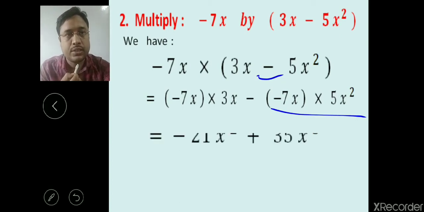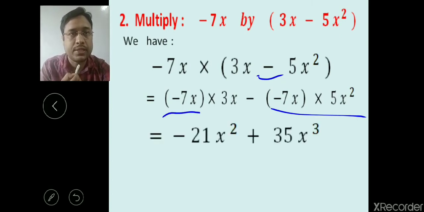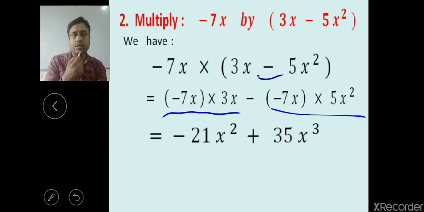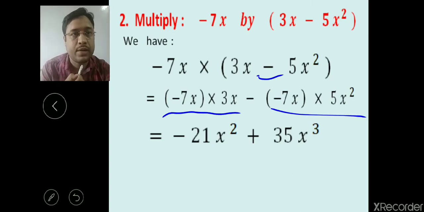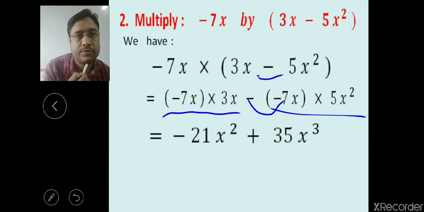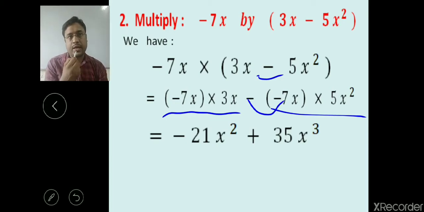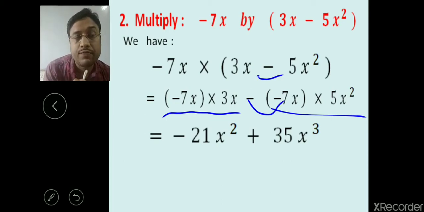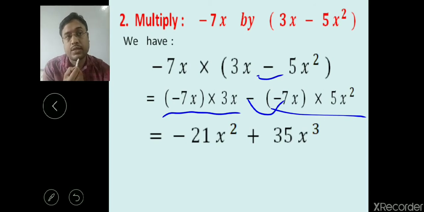So the result is minus 7 into 3 is minus 21, and x into x is x square. Again minus 7 into 5, here this minus and minus multiplied will give the result plus, and then 7 into 5 is 35, and x into x square is x cube. So this is also very clear.